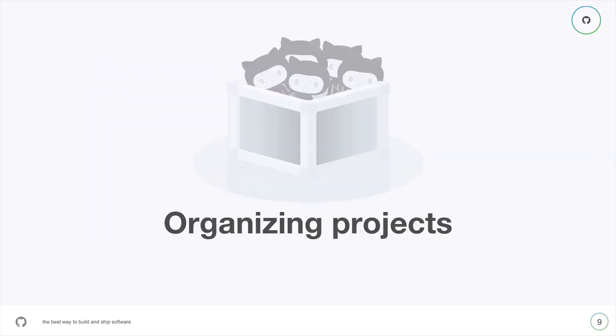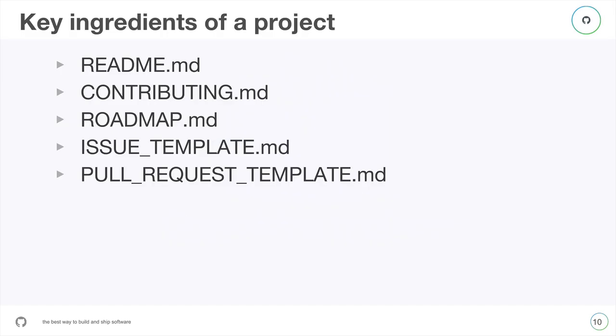All right, so that was a little bit about how we organize people into teams within our organization of GitHub. So from there, let's talk a little bit about how we organize our projects. Now, there's a few key ingredients of a project, and this really gets into some of these ideas of applying these open source principles inside of our organization. And so you've all heard the term, hopefully by this point, of inner source.